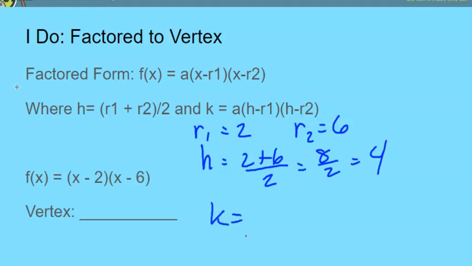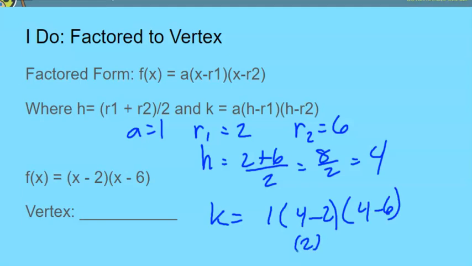And k equals a, which is just 1 in this case. So we have 1 parentheses 4 minus 2 times 4 minus 6. So that would give you negative 4. So your vertex is 4 comma negative 4.